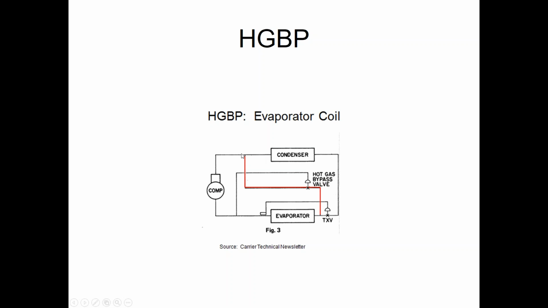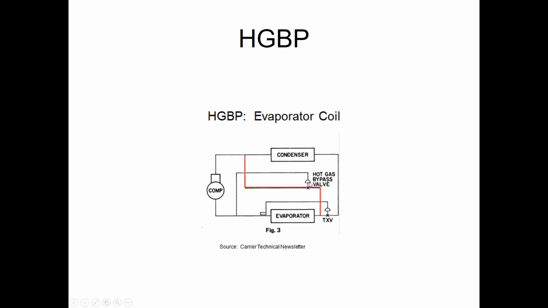When you get into this style of hot gas where it's truly piped, you do have to size a hot gas bypass line. You go to a hot gas bypass line sizing chart, which is basically a discharge gas chart.